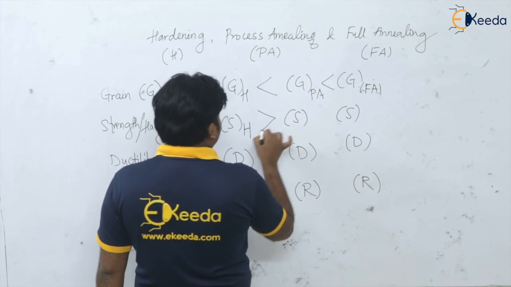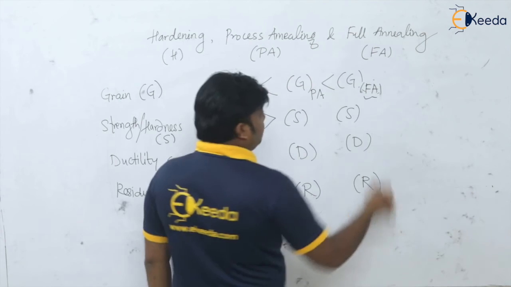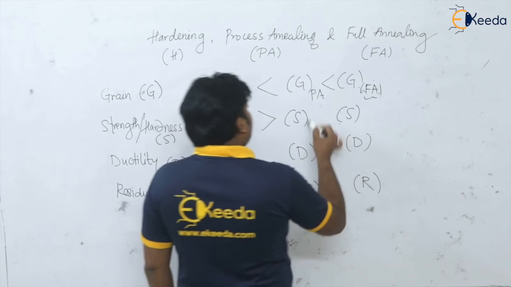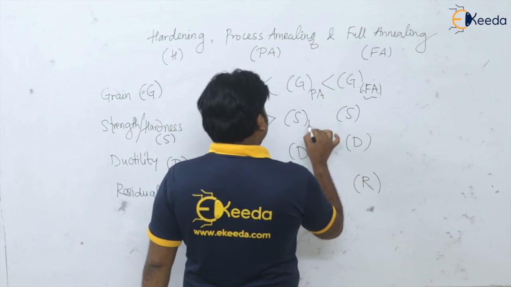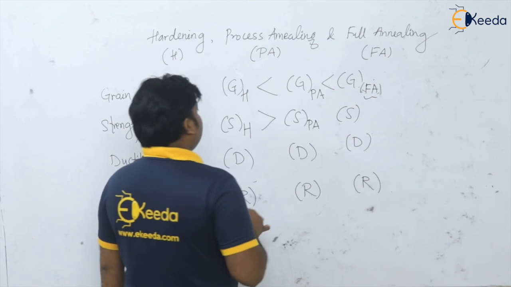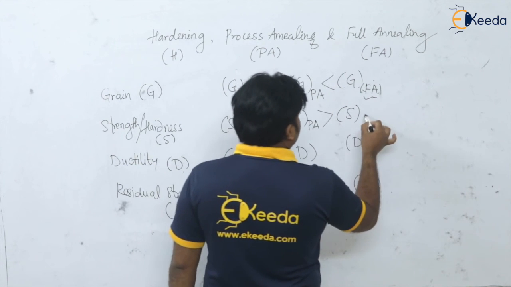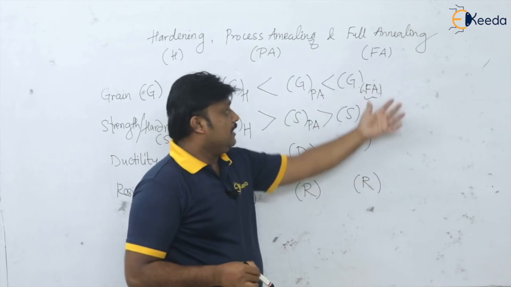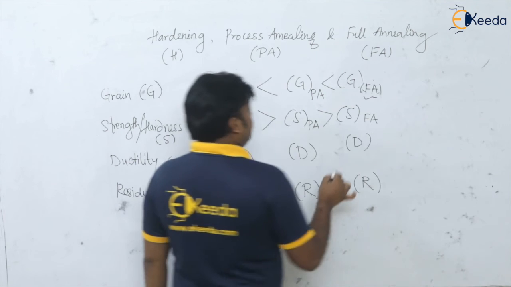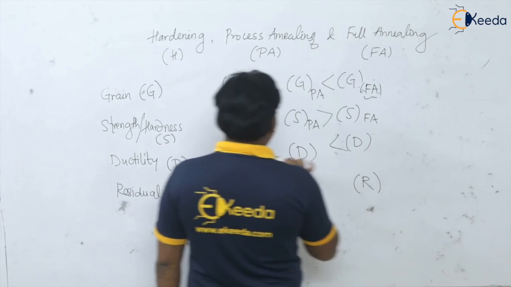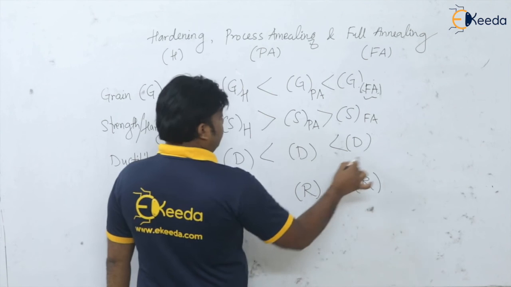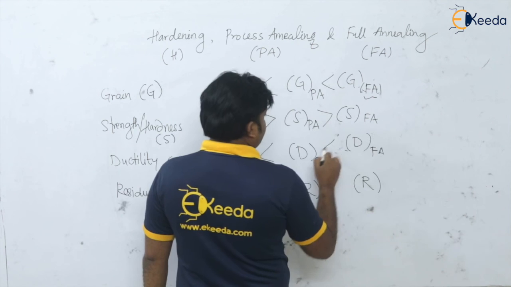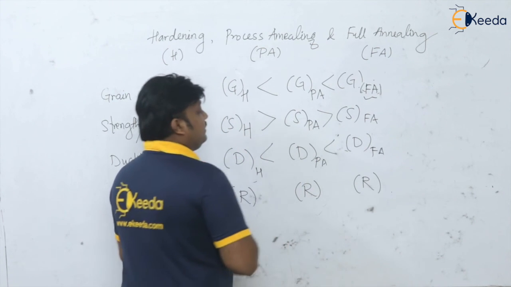In full annealing, we have seen the coarse grains, so it has good ductility. Process annealing gives strength after hardening, and the least strength is in full annealing. Ductility, with the largest grains in full annealing, will be maximum there, then in process annealing, and then in hardening.